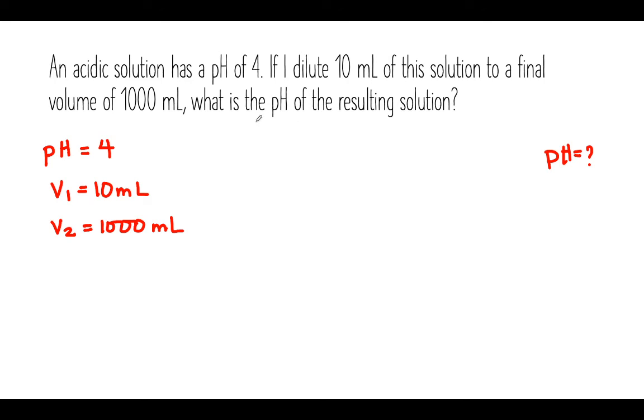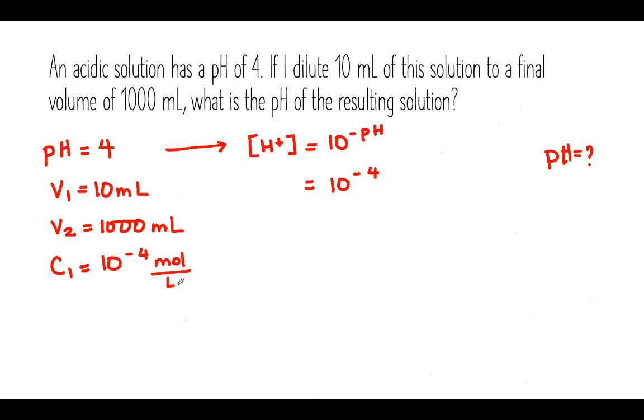Remember back when we did all those formulas, the concentration of H+ is equal to 10 to the power of negative pH. So this is equal to 10 to the power of negative 4. Because of that, if the initial pH is 4, then the initial concentration is equal to 10 to the power of negative 4 moles per liter.